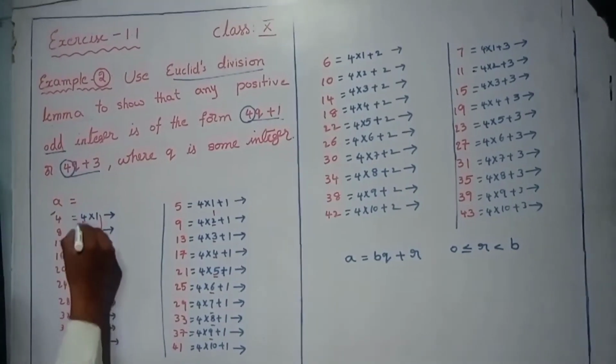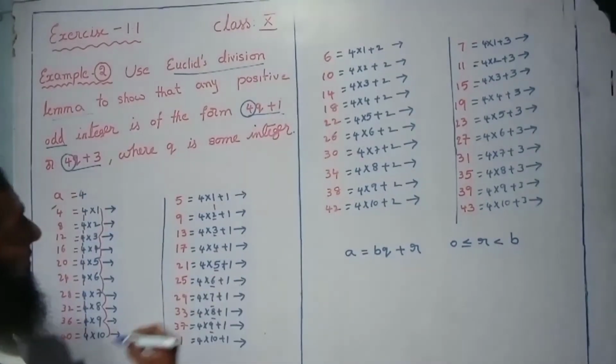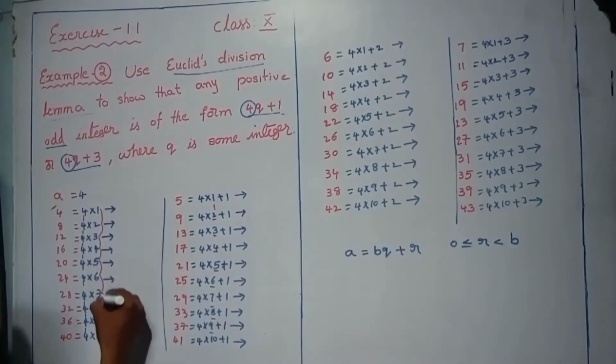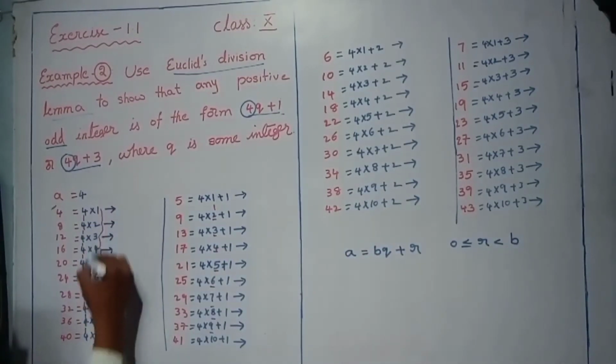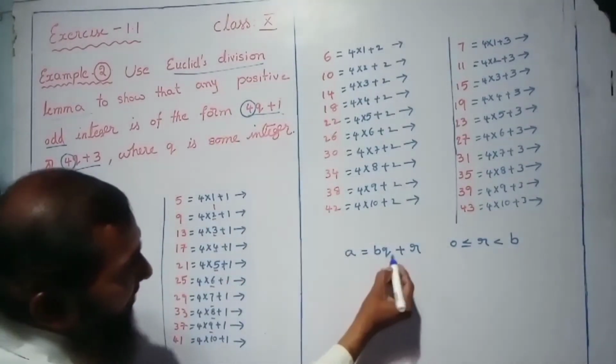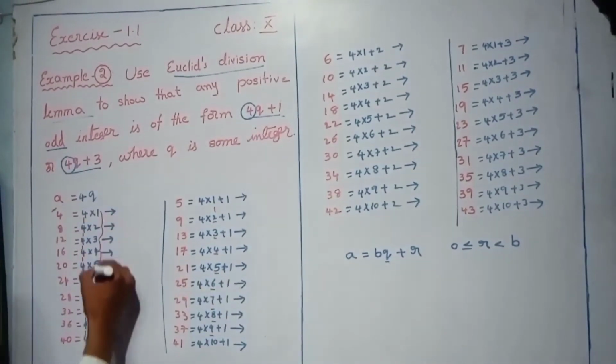Here 4 is constant, so 4 is b, and q is 1, 2, 3, 4, 5, 6, 7, 8, 9, 10. These are all integers, so in this place I am going to take q. Why? Because in this condition q is given as a positive integer.